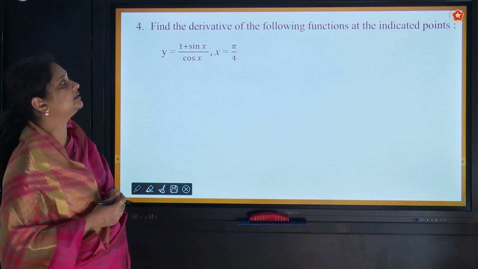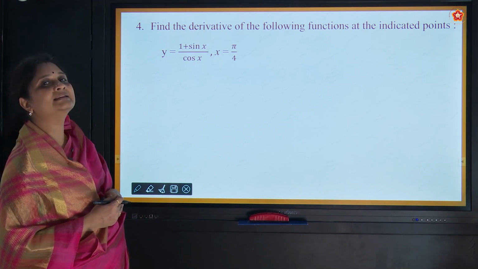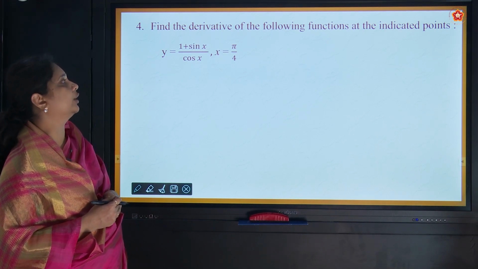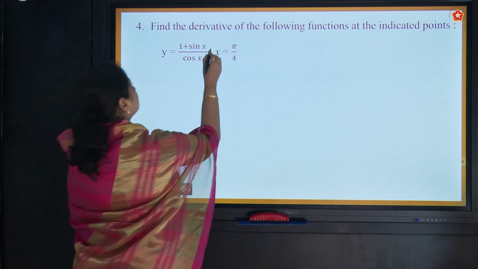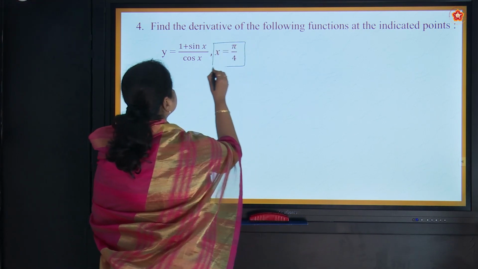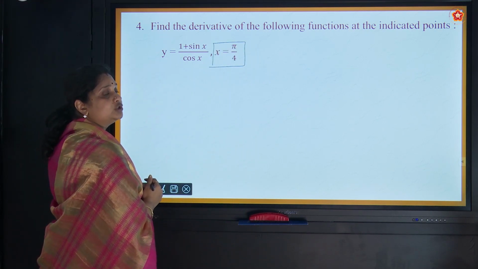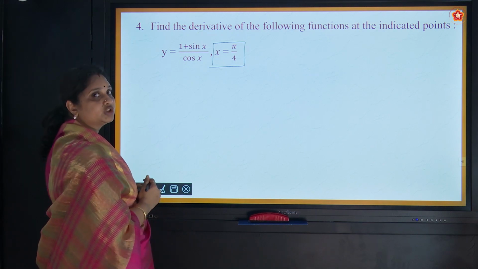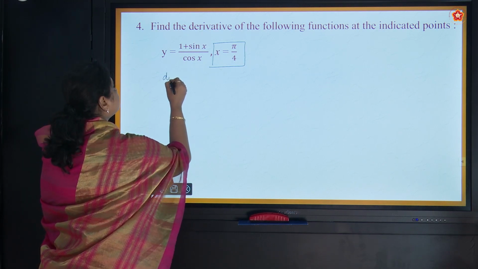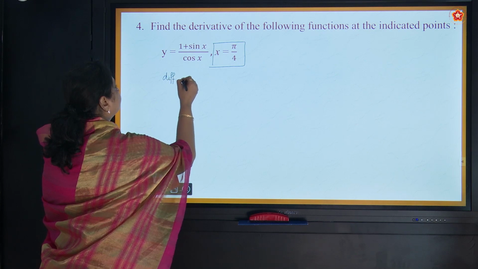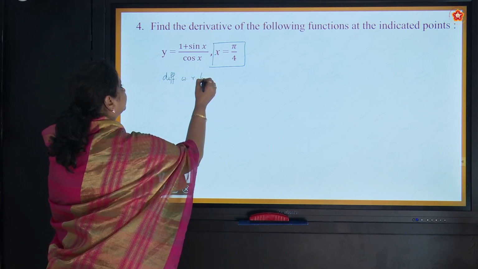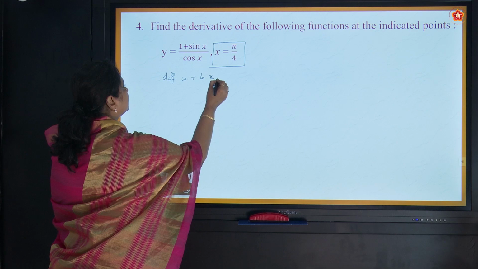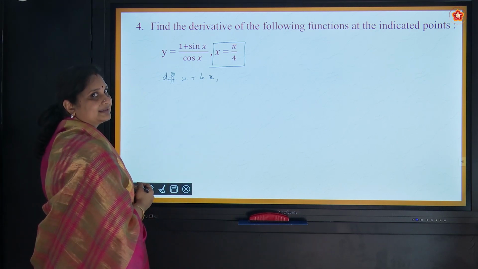Now find the derivative of the following functions at the indicated points. So at this point we are supposed to find the derivative. For that, first we need to find the derivative of the given function. So let's differentiate with respect to x.